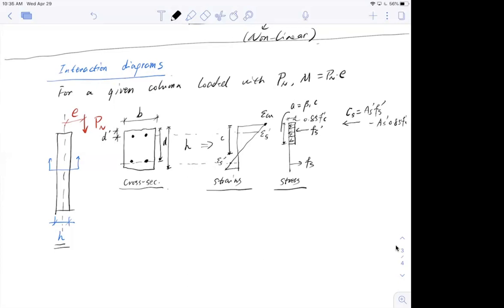Remember, this is from the doubly reinforced calculation. I have concrete compression Cc equal to 0.85 f prime c a b, and I have my tension T equal to As Fs. So these are internal forces.